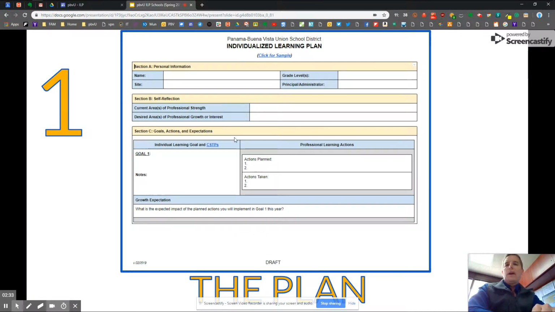Before we get too far into this, I want to take just a second and speak to the purpose again, because as we start filling out this process within Google Docs, it's important to remember that it's really an ongoing journey. When you look at areas of professional growth or strength, or what's my goal for the year, it's not about having necessarily a perfect answer.